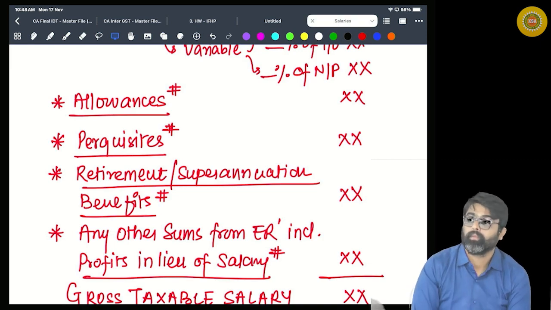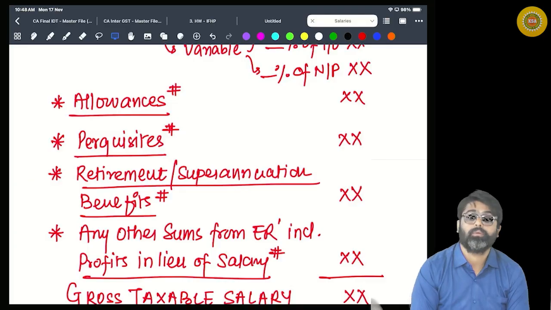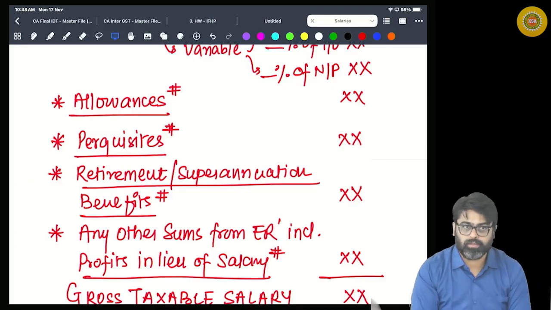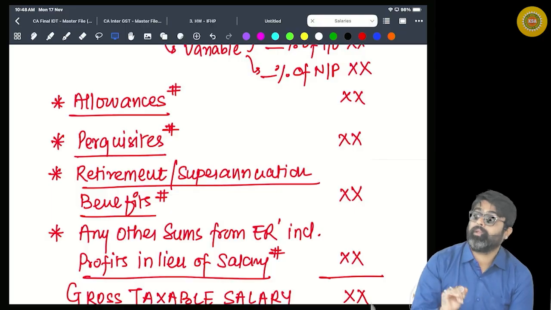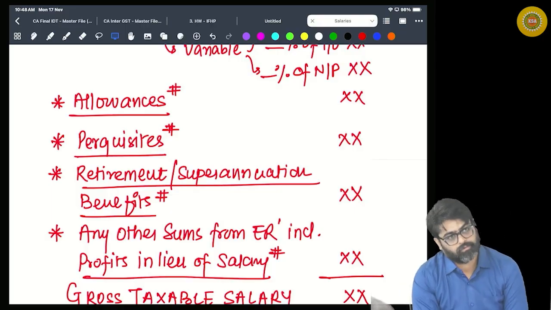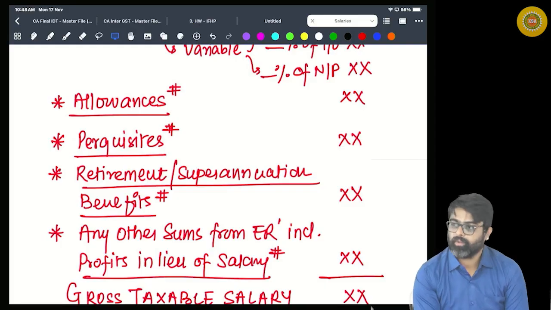Number one, to meet the personal expenses of the employee, or to meet the expenses in the course of employment, or it can be given as a compensation for extreme working conditions. Few examples. Medical allowance.